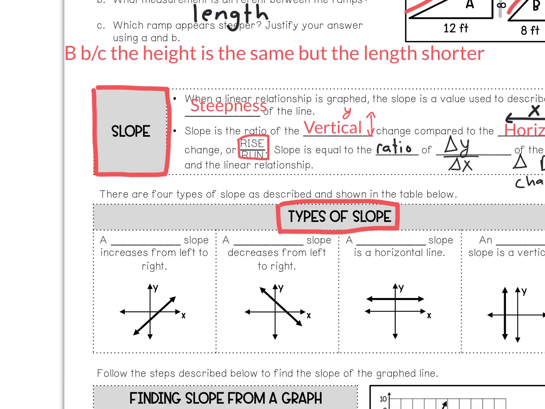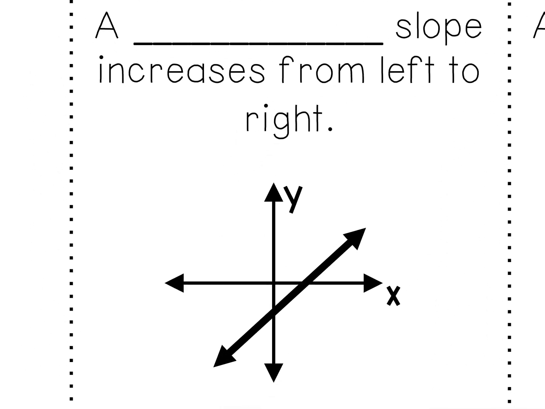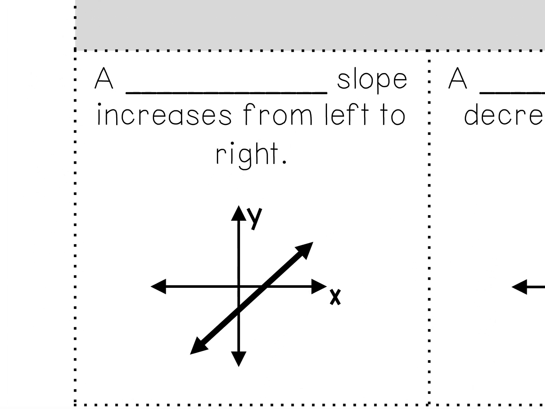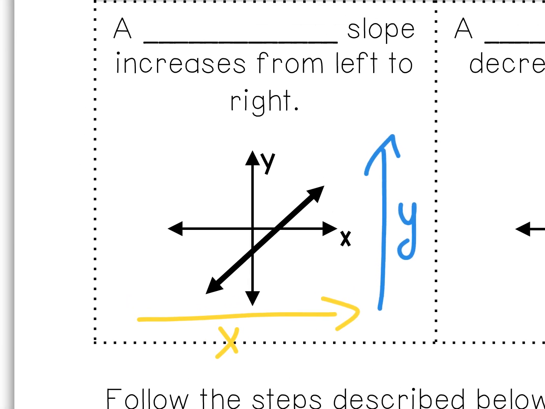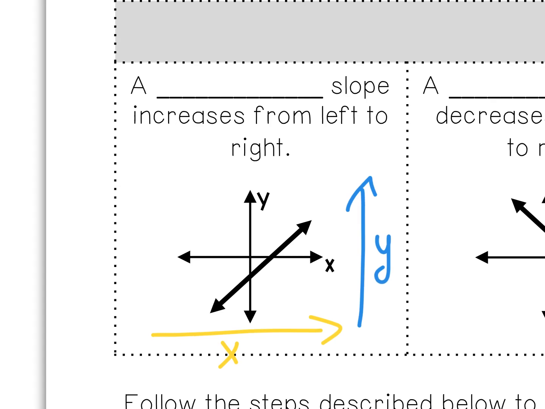So there are 4 different types of slope, and it has to do with what x and y are doing. Okay, so as x moves to the right, it's increasing, and y is also increasing. And so when they're both increasing, then the slope is positive.